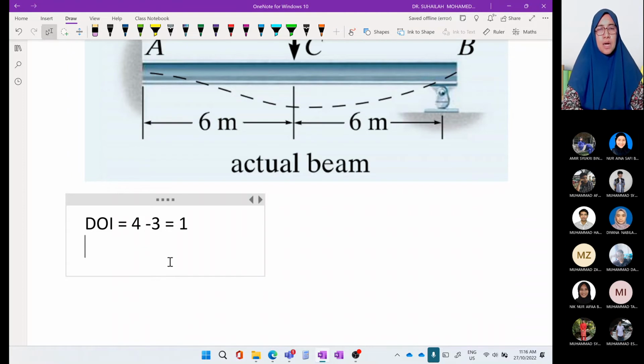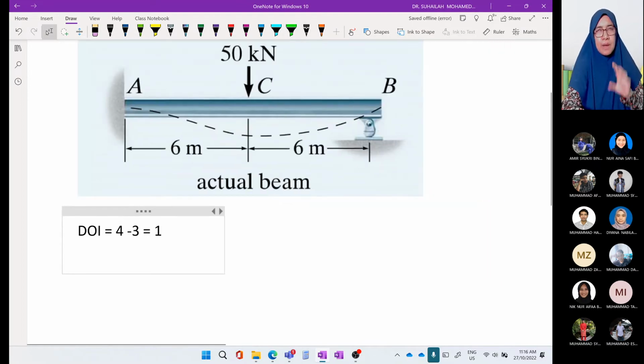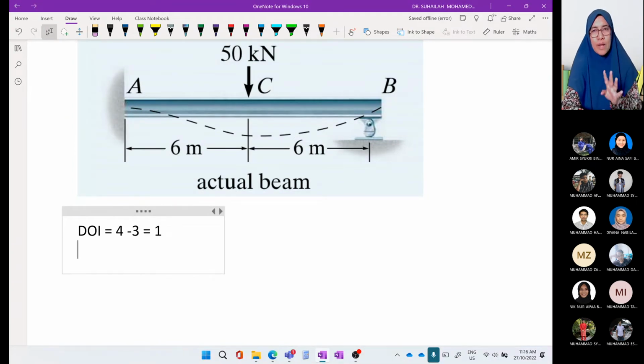So we have to identify the redundant, and always remember the redundant will be removed from the indeterminate beam. It means that if we remove one redundant, it will become 3.